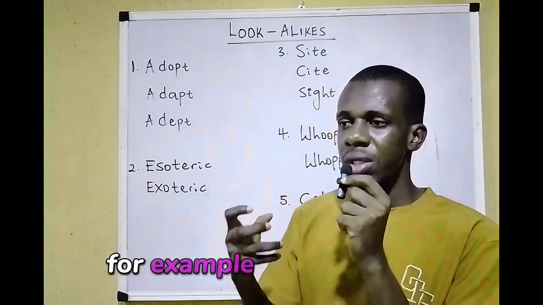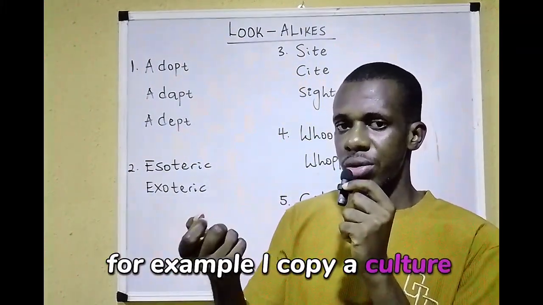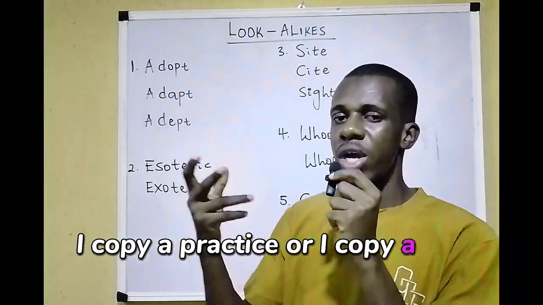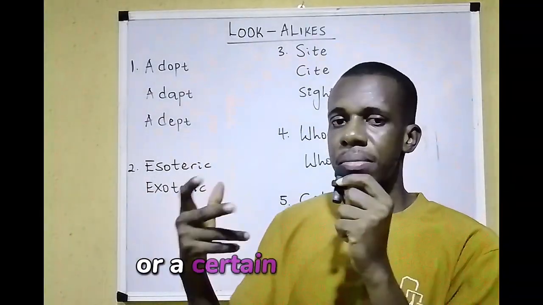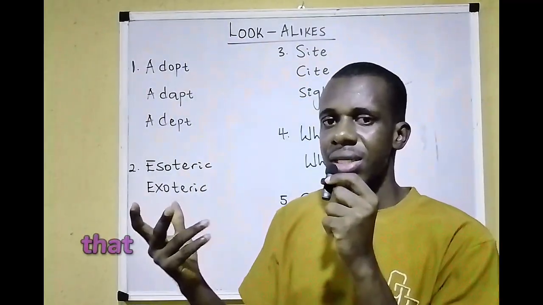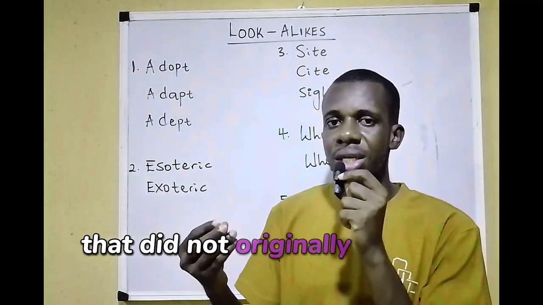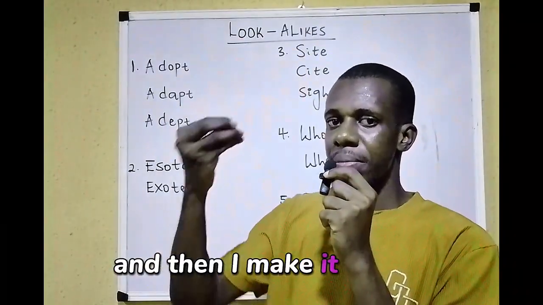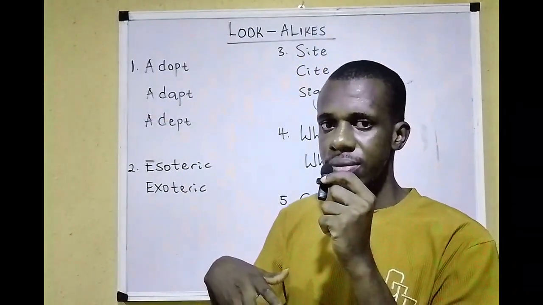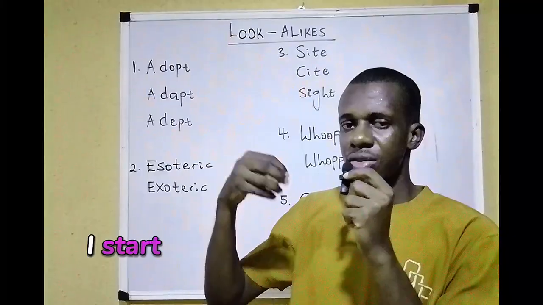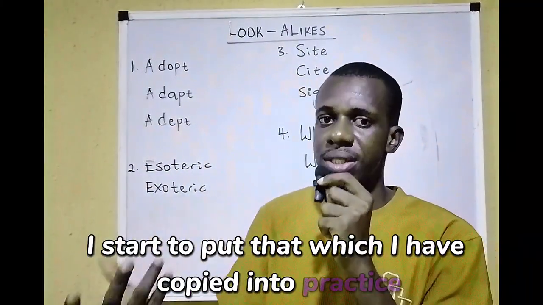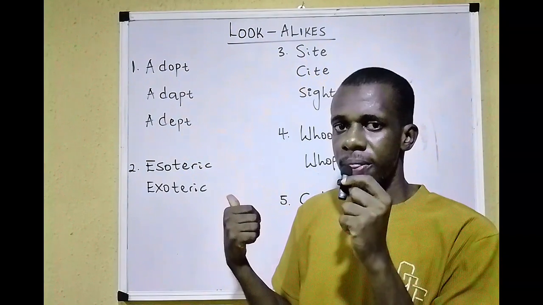For example, I copy a culture, a practice, a way of life, or a certain mannerism that did not originally originate from me, and then I make it my own. That is to say, I start to put that which I have copied into practice. That is adopt.